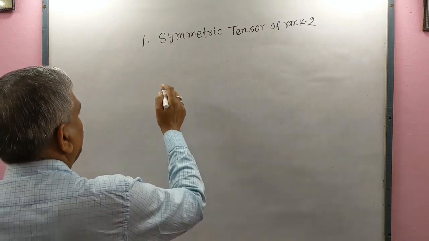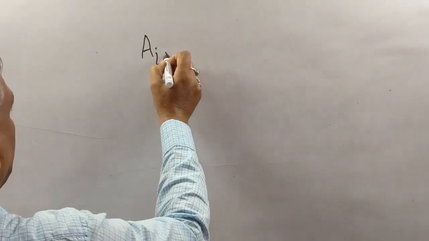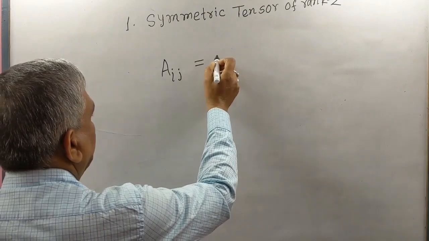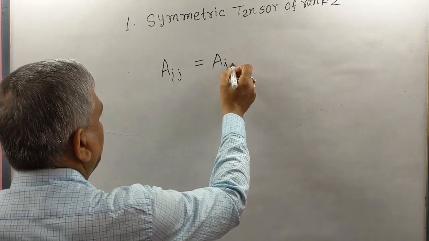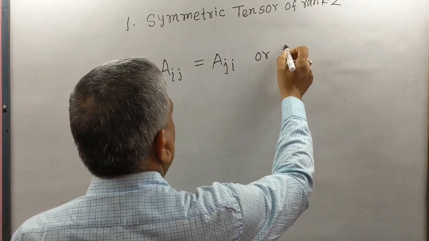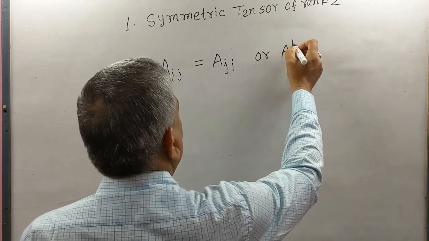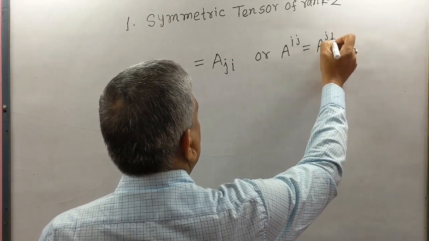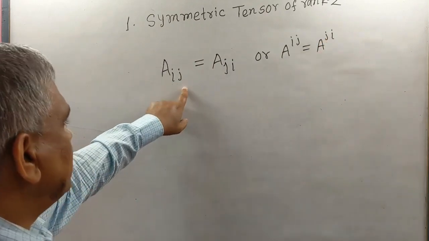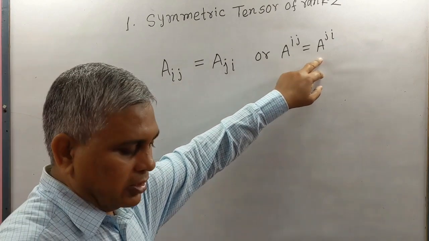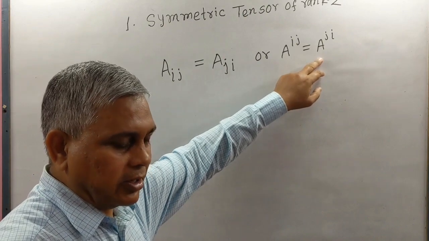A tensor Aij is symmetric in the sense that Aij equals Aji, or A^ij equals A^ji. The first is symmetric in the case of a covariant tensor and the second is symmetric in the case of a contravariant tensor.